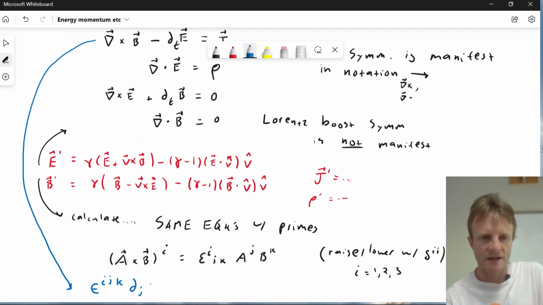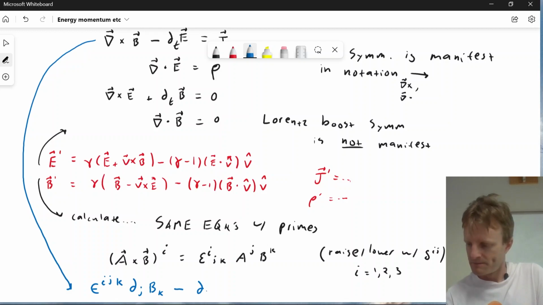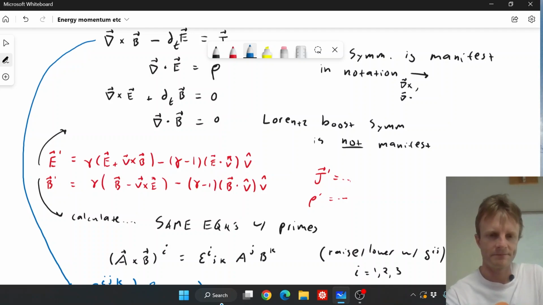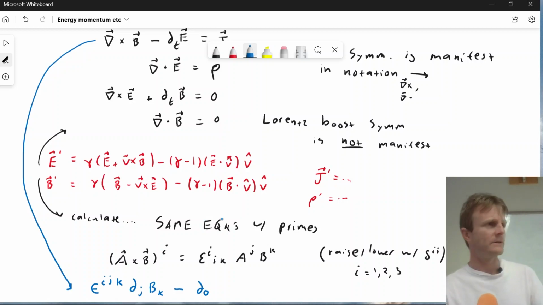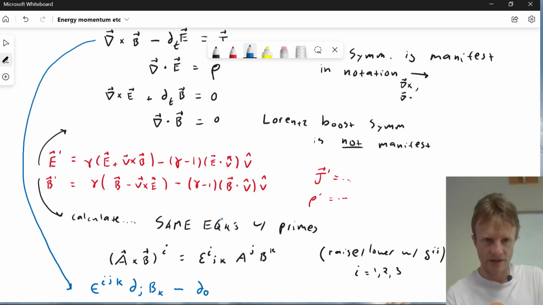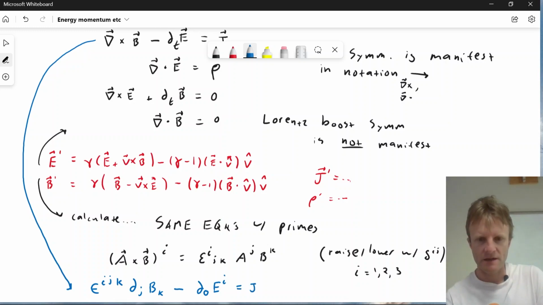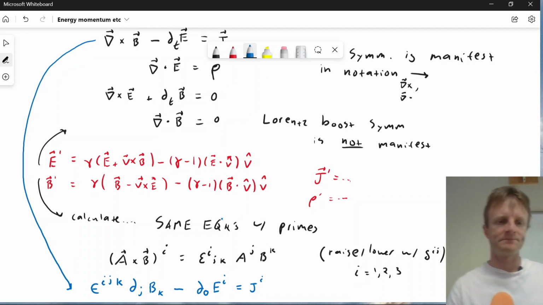So del_j B_k is the ith component of the curl of B. The second term is just the time derivative, and I'm going to write that as the zero derivative because remember our convention is that 0 is the time coordinate, and we want to get close to index notation. So it was the time derivative of E_i, and that was just equal to J_i. Okay, so that's one equation.